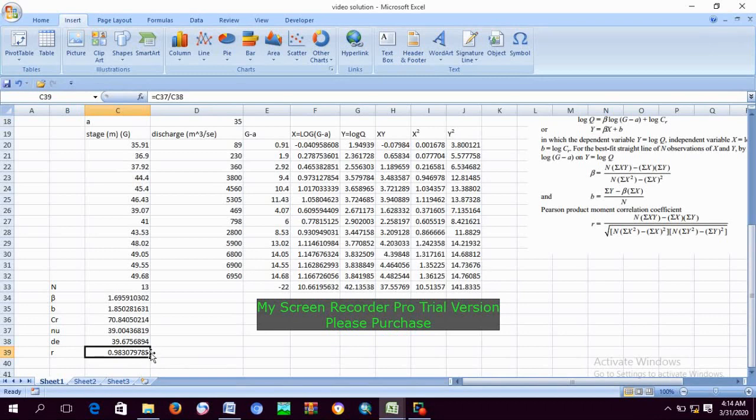It is the correlation of the stage and discharge.